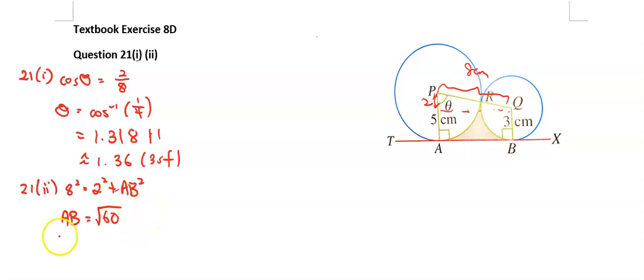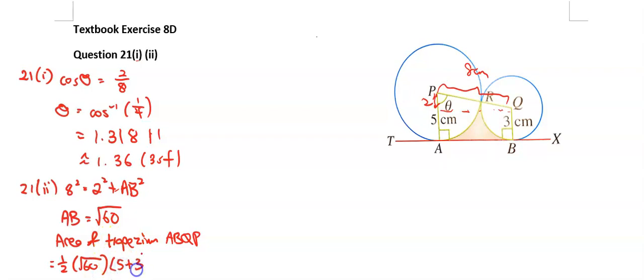So when we find the area of trapezium ABQP, it is half times base times the sum of parallel sides, which is 5 plus 3.